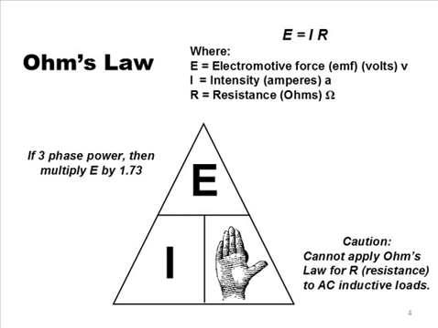And it's sending voltage through that coil, and that voltage is generating a magnetic field which is opposing the flow of that battery current through that very coil you're testing. So it gets very funky, to say the least, but just remember, don't apply Ohm's law to AC inductive loads.